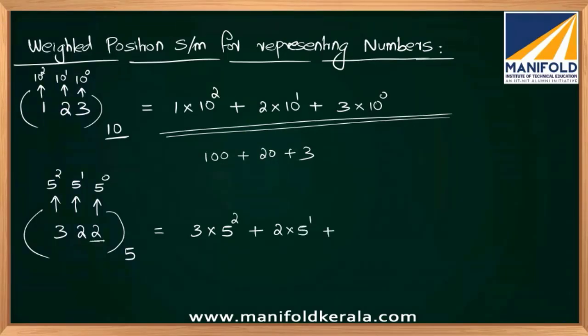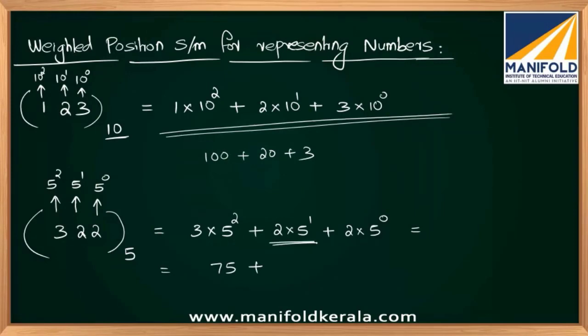And what is the positional weight of this particular 2? It is 5 raised to 0. So you multiply 2 into 5 raised to 0. Can you calculate this for me? Let us calculate this. What is 3 into 5 square? 3 into 5 square is 75, plus.